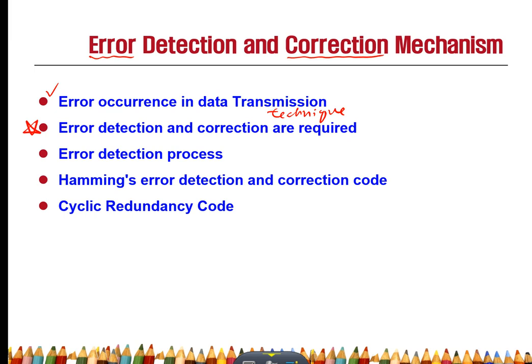And then we need to think about how the error detection process works. Later on, I will explain Hamming's error detection and correction code and the cyclic redundancy code too. These are applied now in our internet communication.